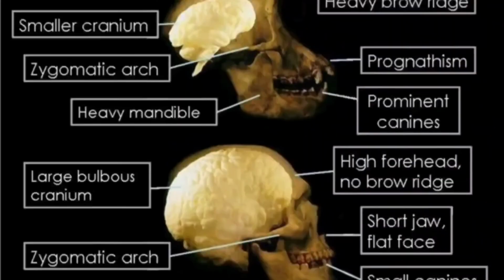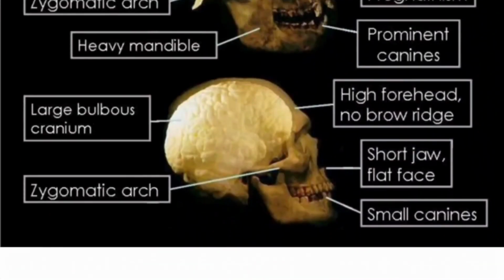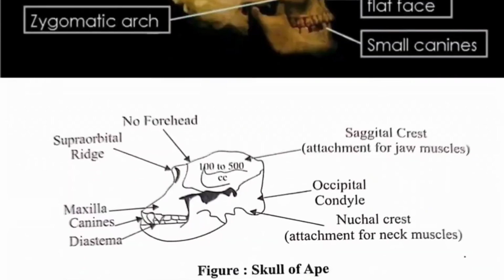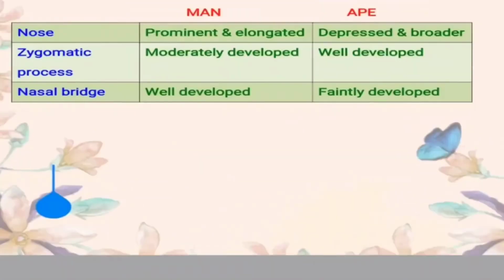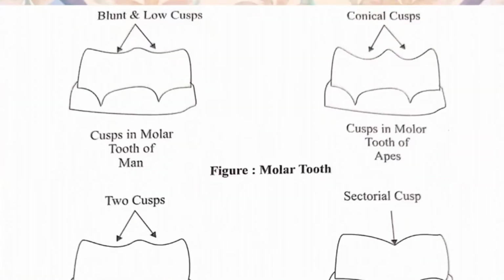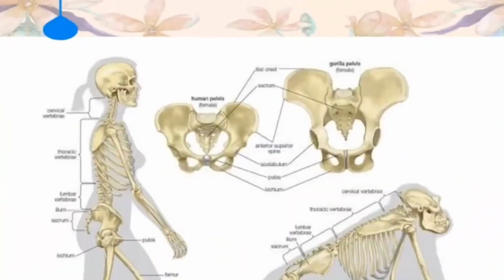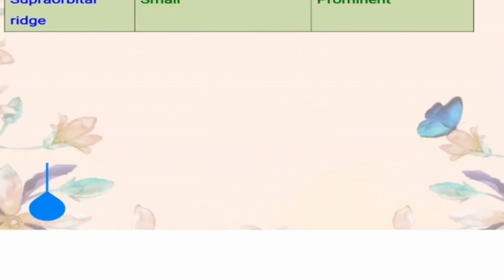They have a heavy brow ridge, but if we see in the humans, there is no brow ridge at all, or it is not that much developed. So this is the comparative difference between the man and the ape.